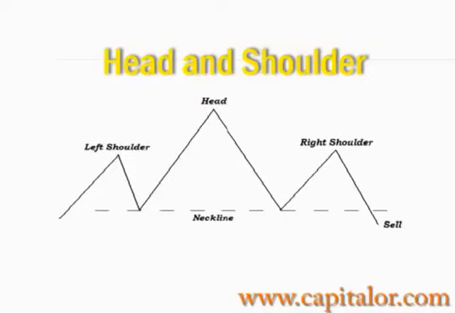The highest high in the middle is called the head, and the lower highs at the sides are called the left shoulder and the right shoulder, and you should sell when the price action on the right shoulder reaches below the dotted neckline. Since this is one of the harder patterns to understand and to explain, I'm going to show you a simulation of it so you understand it fully.